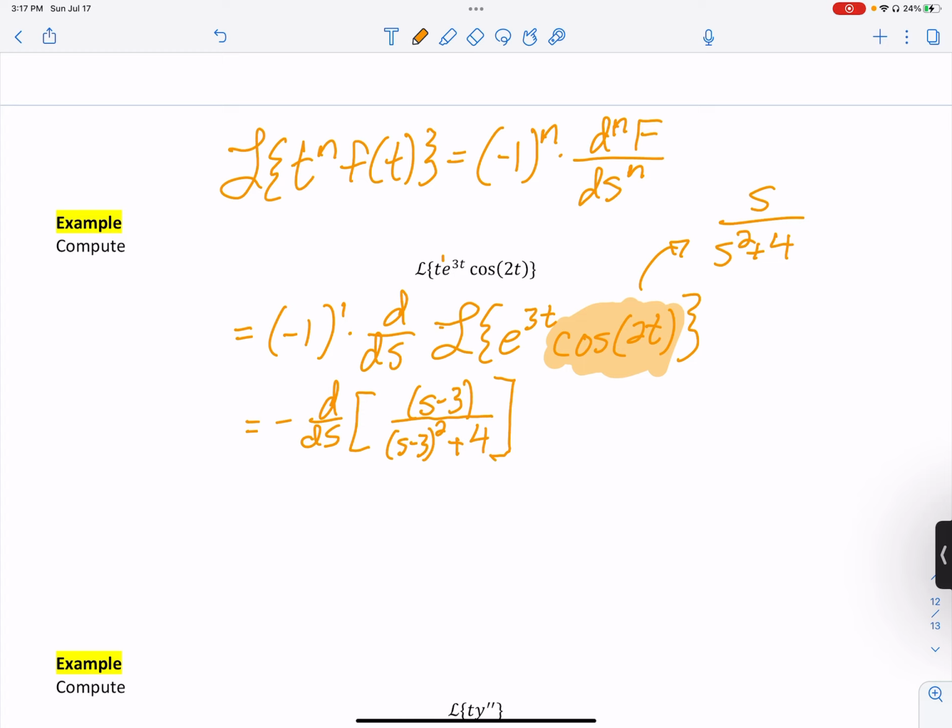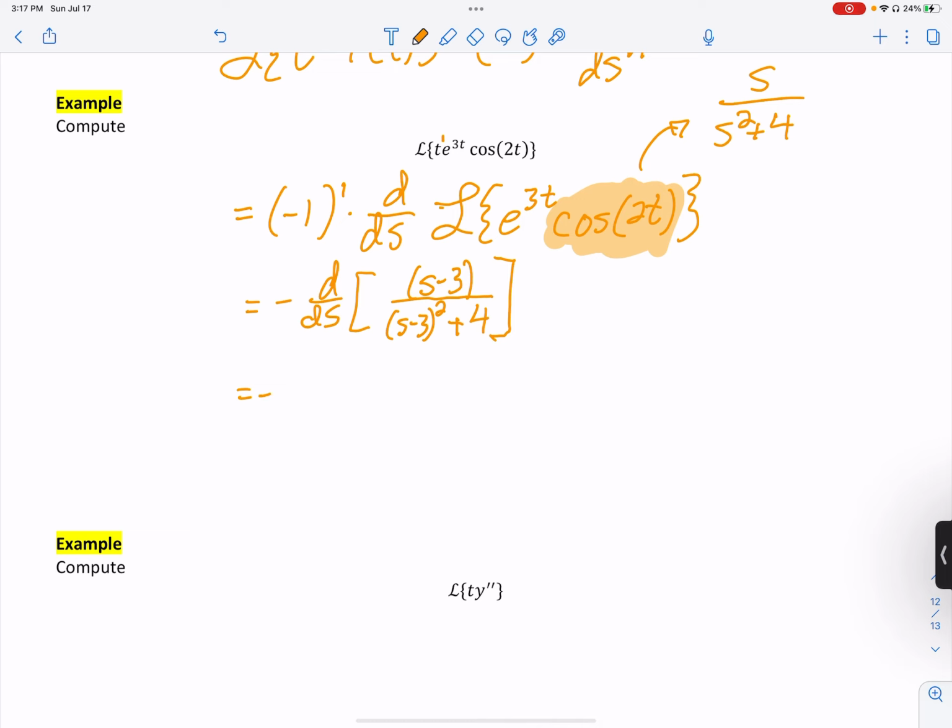And then unfortunately, here we have a quotient rule. So it's going to be negative, leave that outside, low times s minus 3 squared plus 4, low d high times 1 minus high d low.